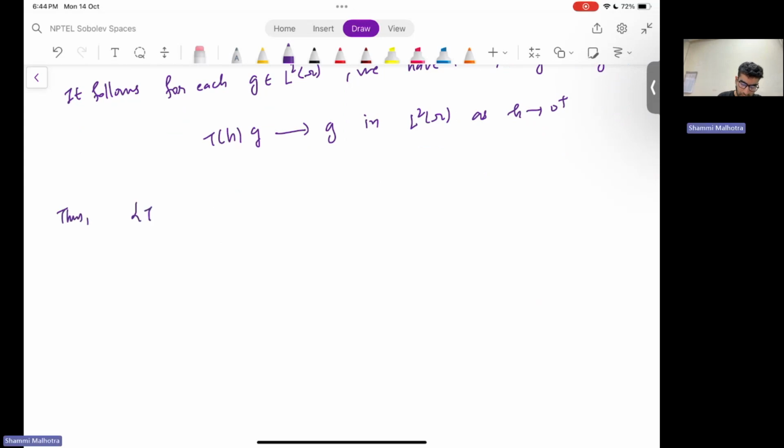We have this T_t, t greater than 0. This forms a C naught semigroup of operators.